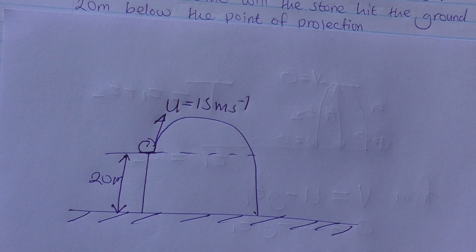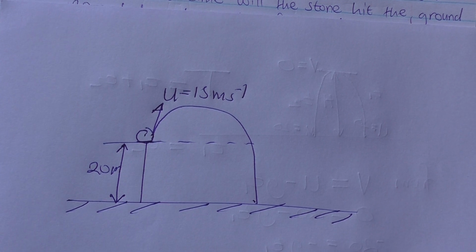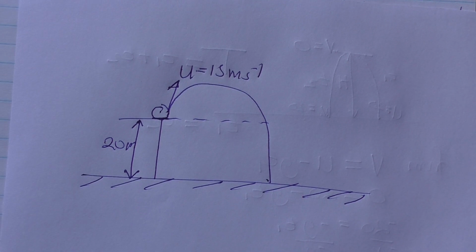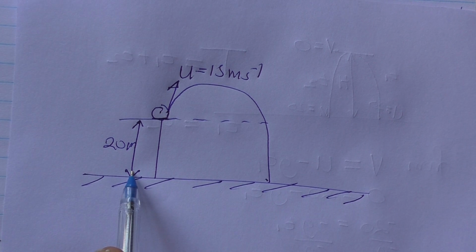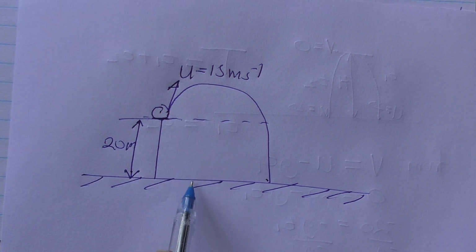And therefore, how do we get time? There is an easiest way of getting this. We shall consider this as the distance traveled by the stone below the point of projection.